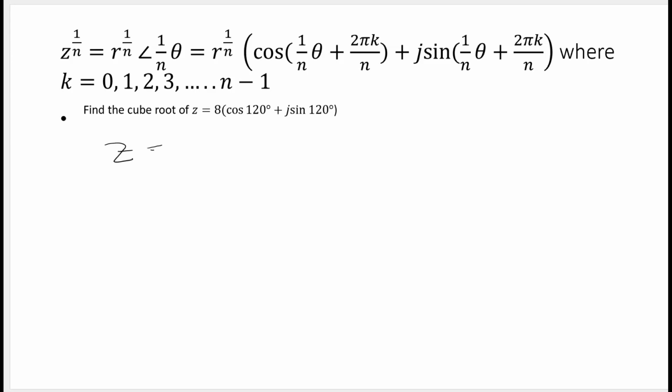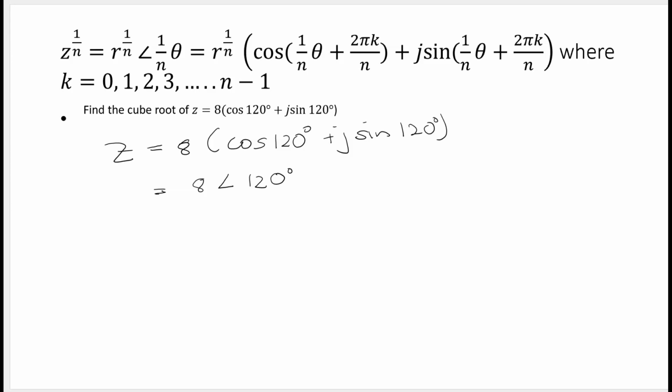Okay, z equals 8 cos 120 plus j sine 120. That's straightforwardly 8 angle 120. That's just one of those ways of writing it.